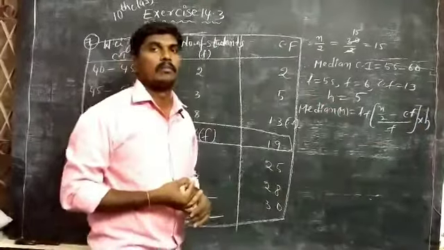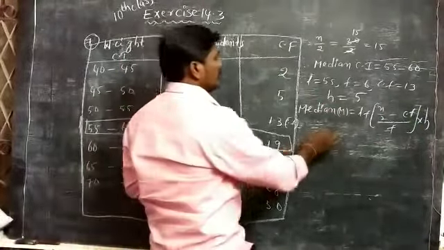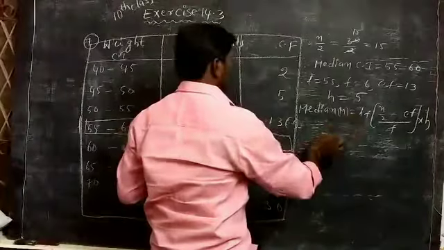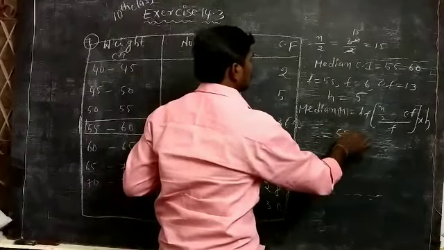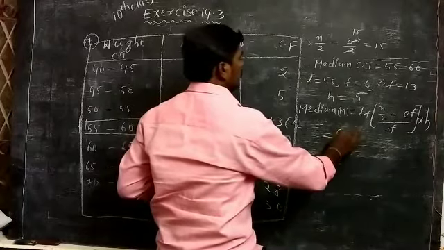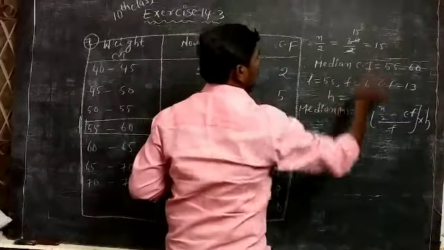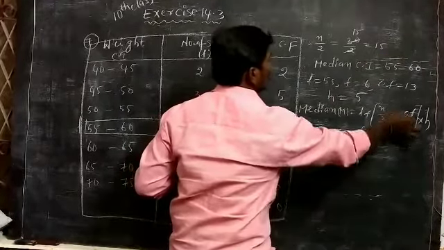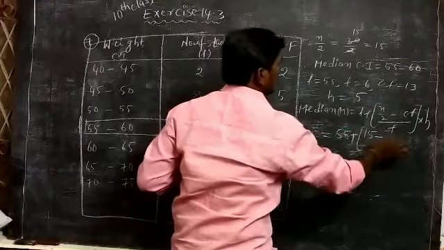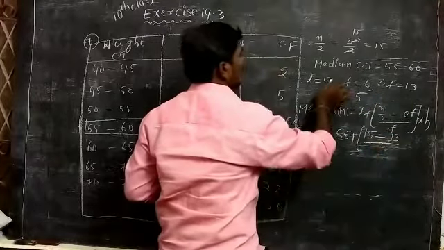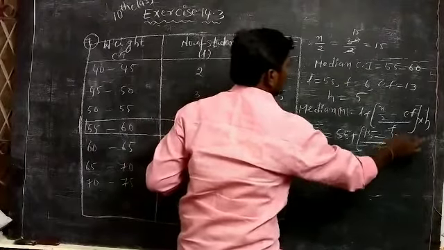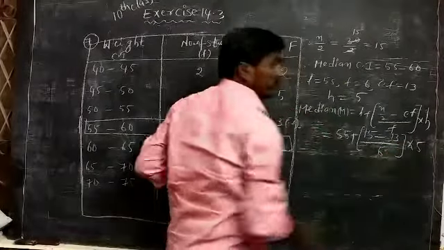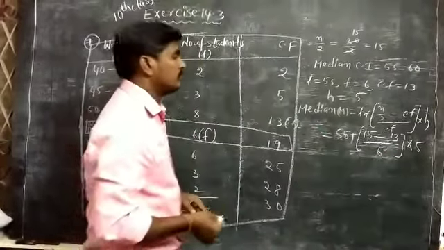L value 55, plus n by 2, which is 15, minus cumulative frequency 13, by f value 6, into h, which is 5.